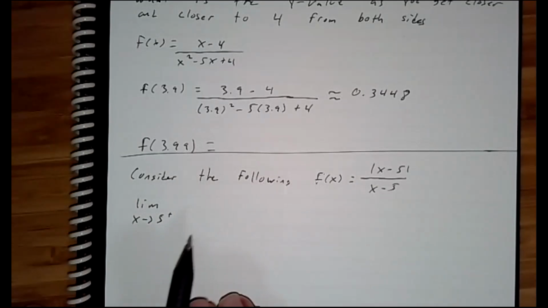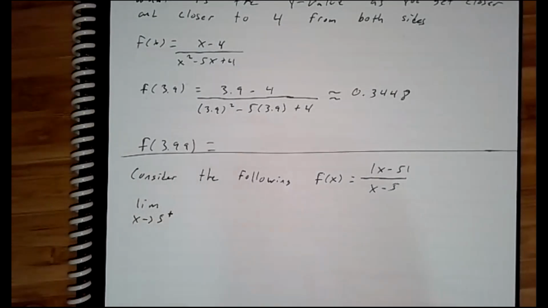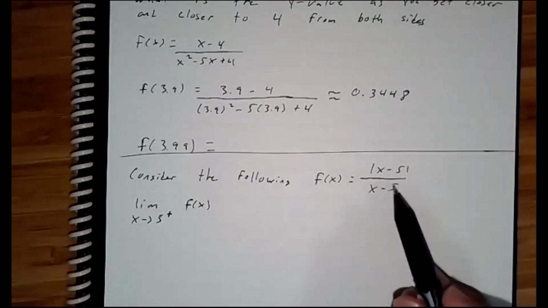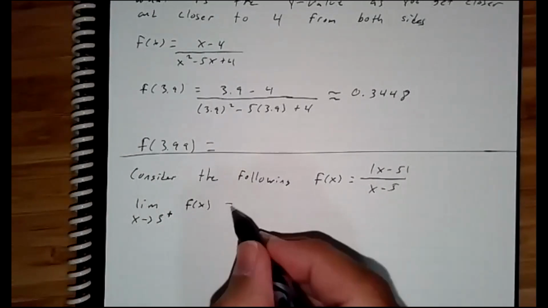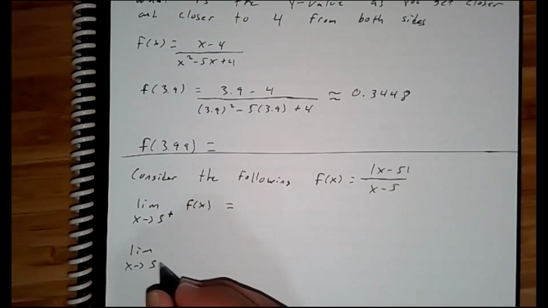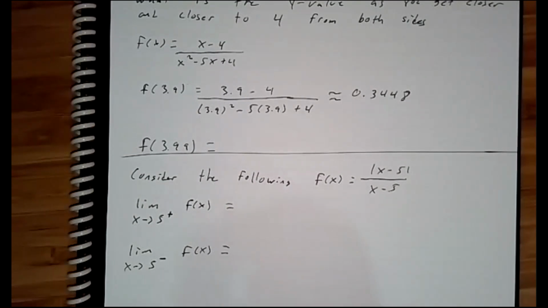If you see a little plus on the upper right, they're asking for the limit from the right. And then this one is the limit as x approaches 5 from the left side, the negative side. These need to be the same. The right and the left need to be equal in order to say that this actual limit exists.